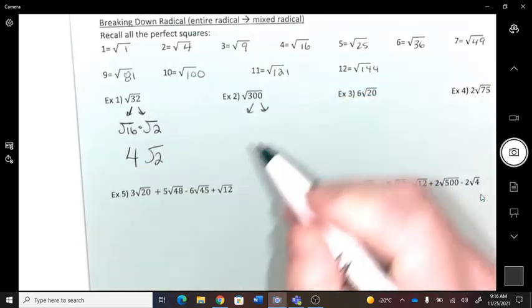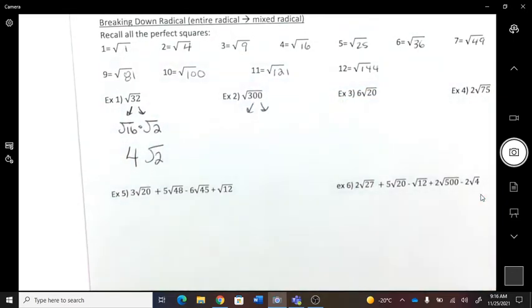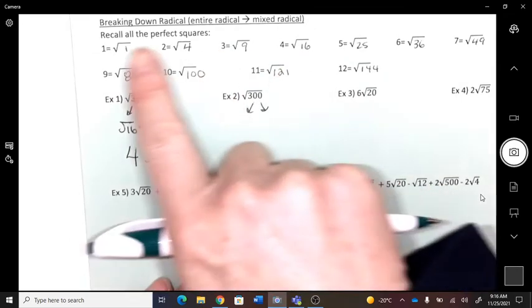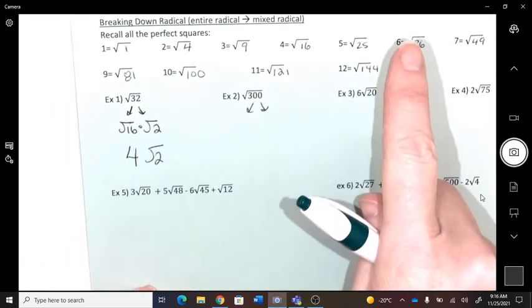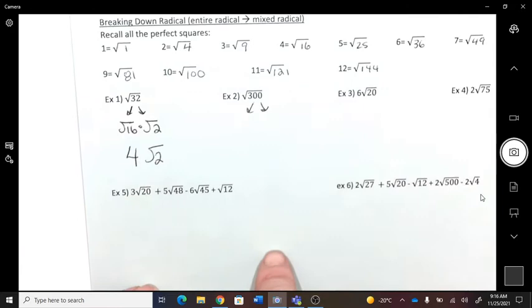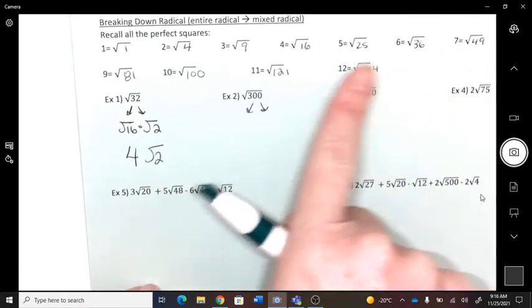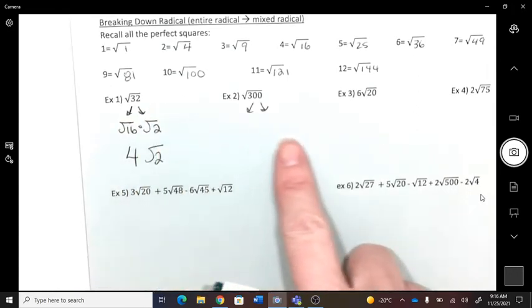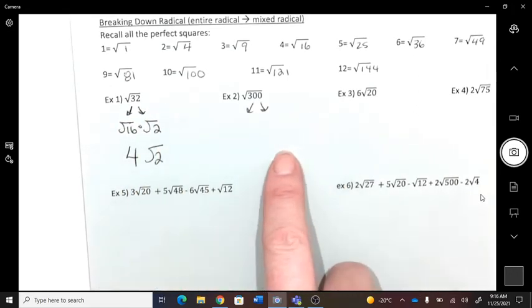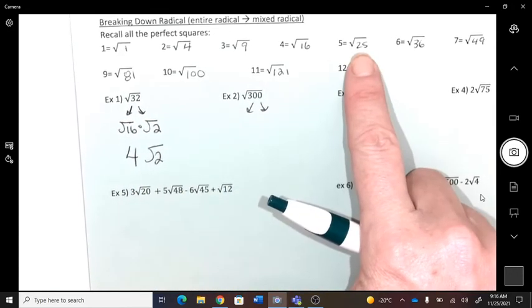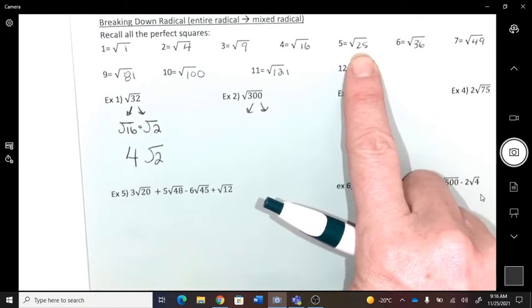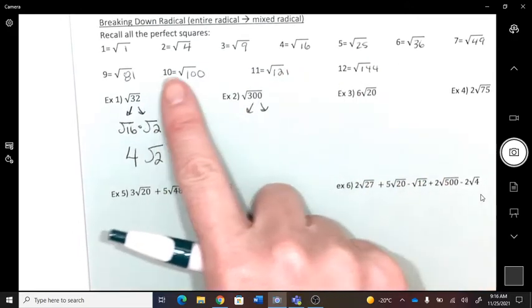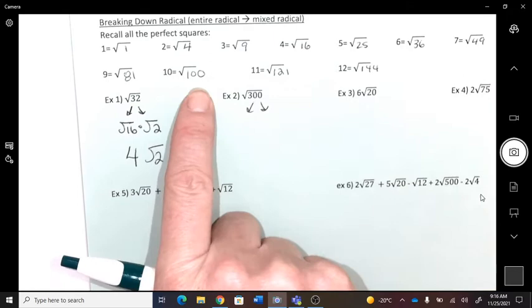Okay, 300. Can you think of any of these perfect square numbers that you can divide 300 by? And you always try to find the largest one. So for example, 300 is divisible by 25, but there's actually a bigger one. 100.